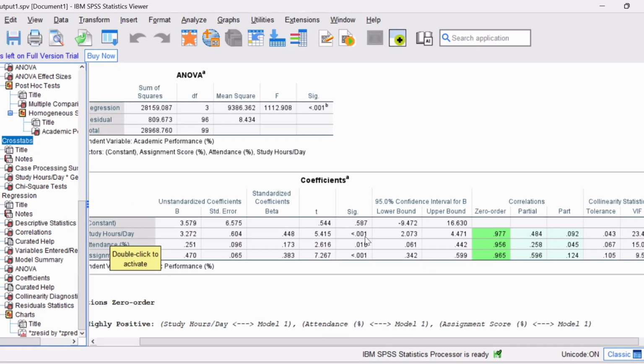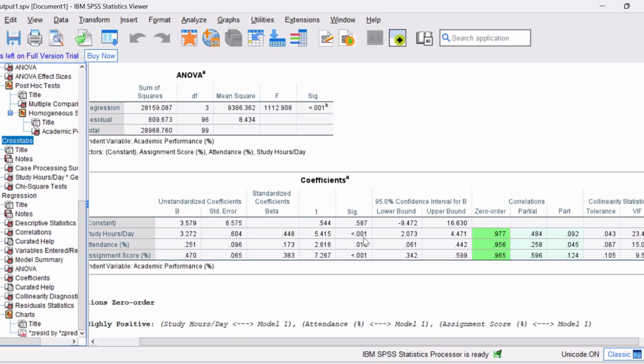0.001. When we look at the coefficients table, all three predictors were statistically significant. So when we look at the study hours, for example, we see that the coefficient is 3.272 and the significance level below 0.01.